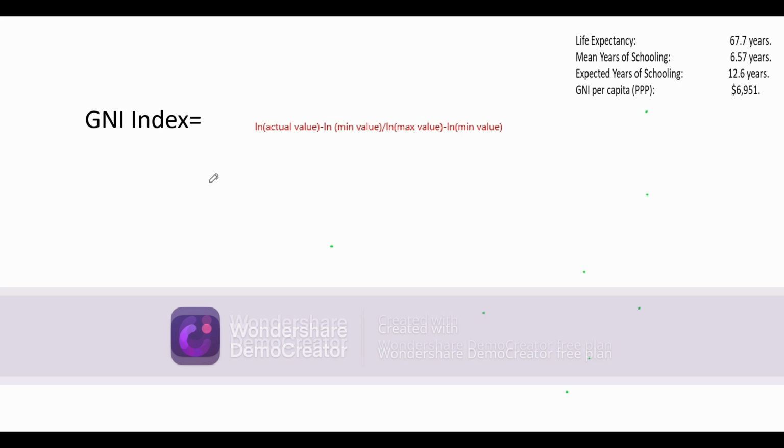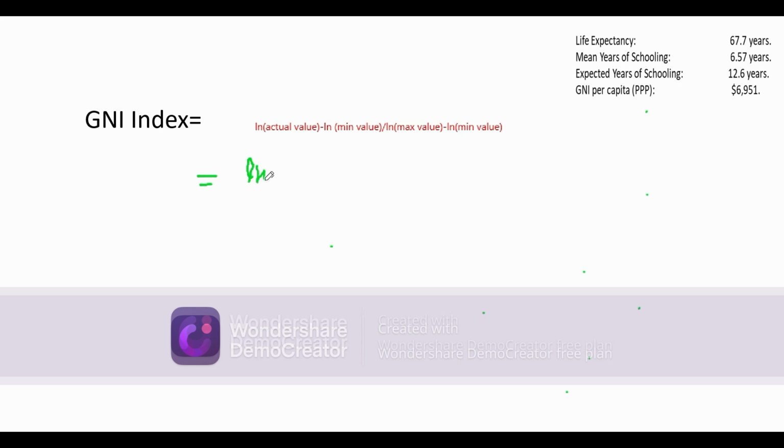Now what is the actual number of this GNI, that is gross national income of India in 2024? This was 6,951 as we have seen earlier.